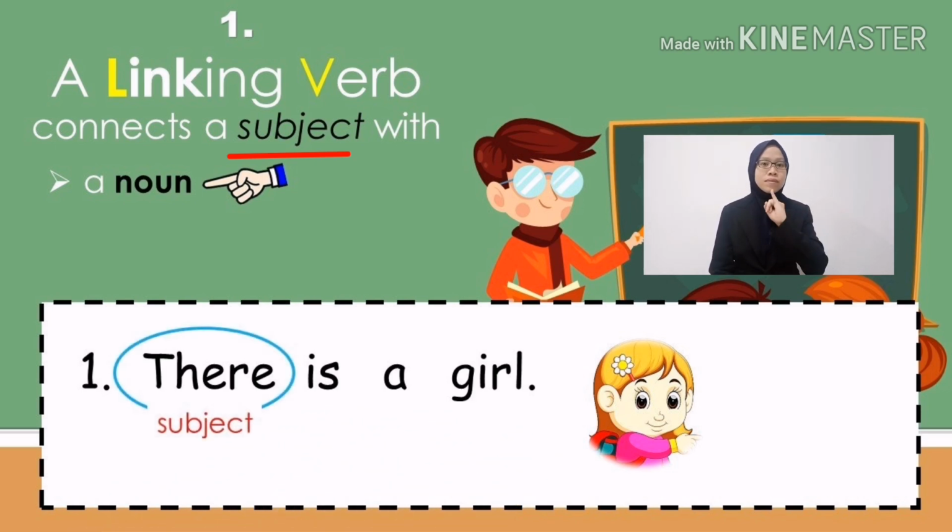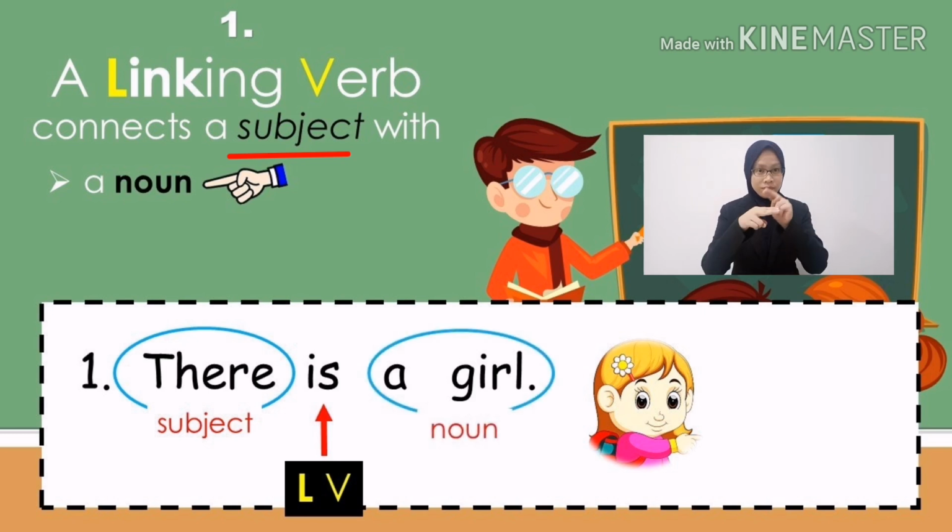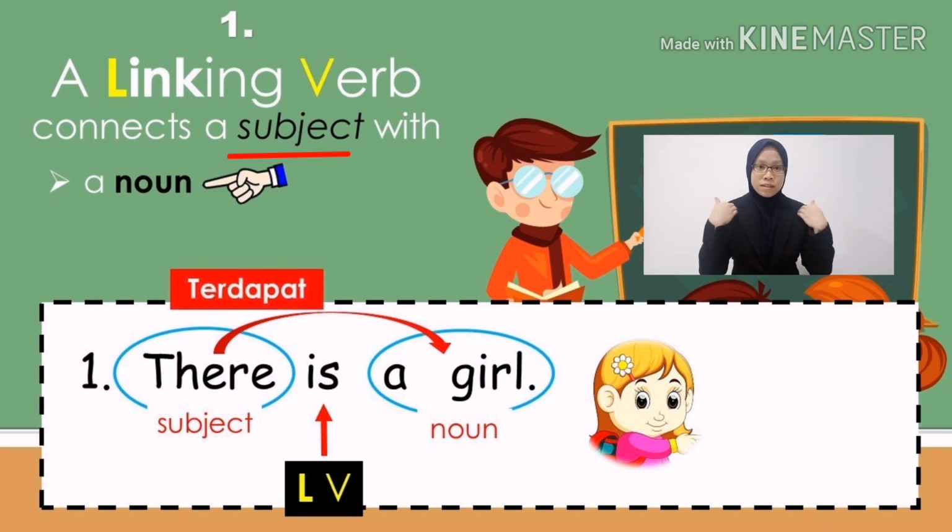There is the subject. Is the linking verb. A girl is the noun. As you can see, is connecting the subject and the noun. Is di dalam ayat ini bermaksud terdapat. Terdapat seorang budak perempuan.